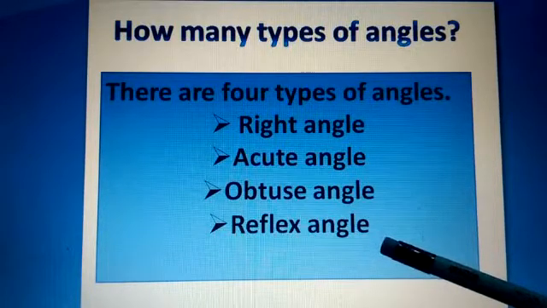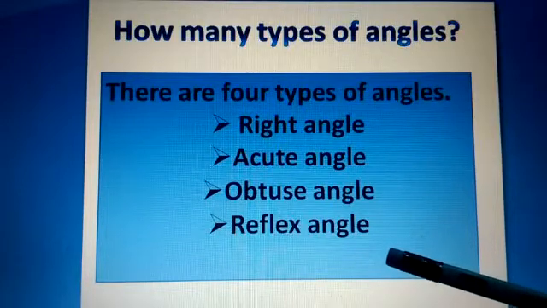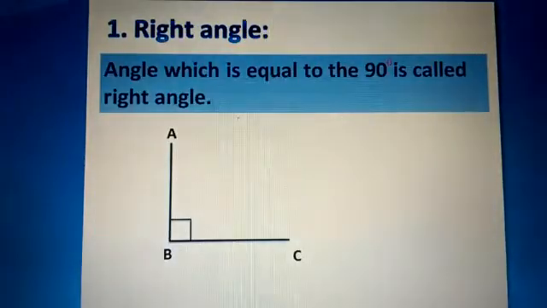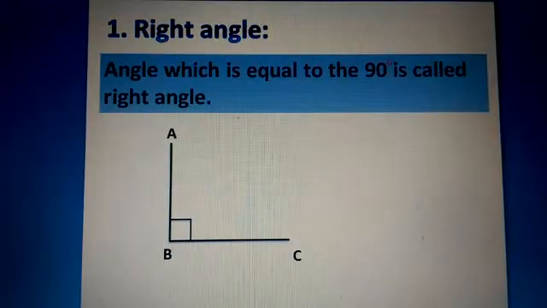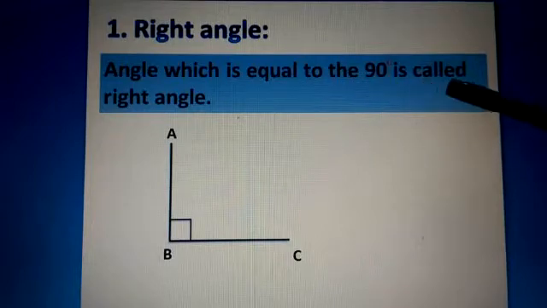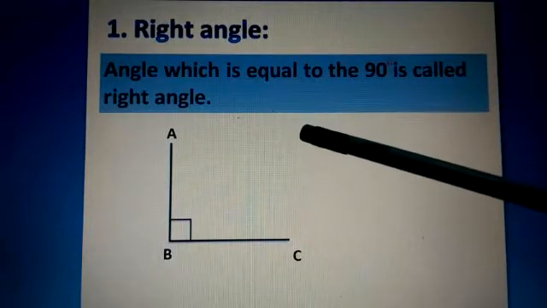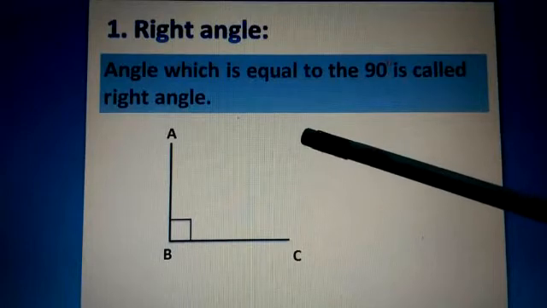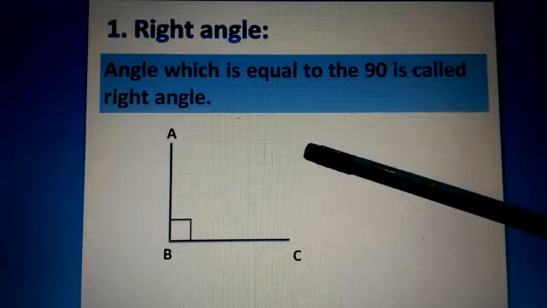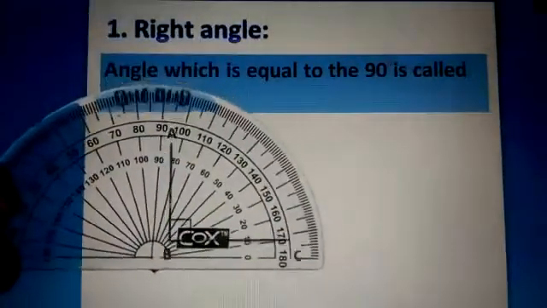Done class? Now our next question is, what is the meaning of right angle? So here is the definition. An angle which is equal to 90 degrees is called a right angle. And class, you have to remember, we will use a protractor to draw an angle.